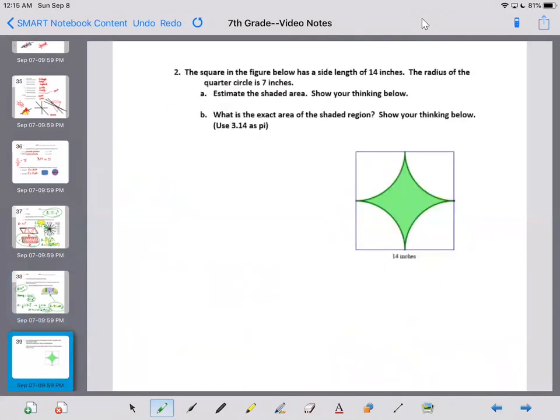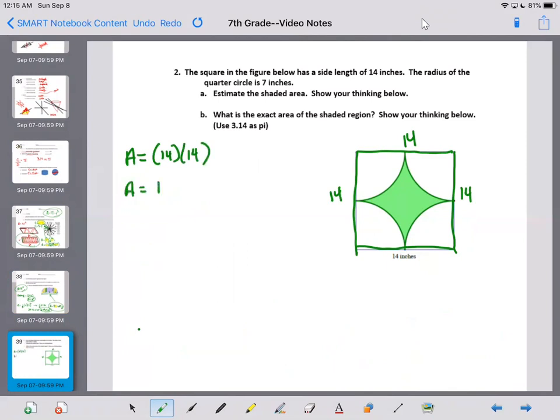Next problem. We know that we have a square with an interesting shape that is inscribed within the square. So this is a 14 by 14 square. So the area of the square would be 14 by 14 or 196, and this is inches, so it would be square inches. Don't forget your units.